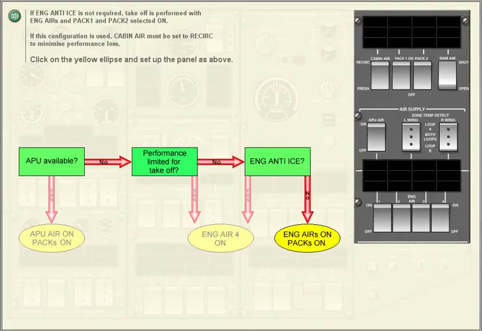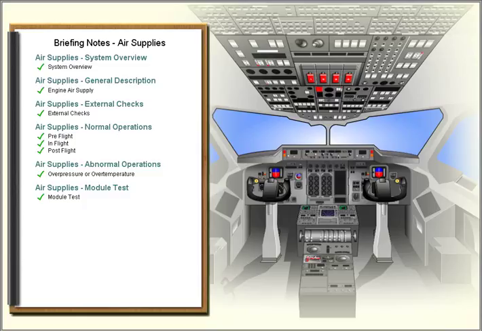Click on the yellow ellipse and set up the panel as above. That completes the pre-flight checks for the air supply system. The next section describes the in-flight checks.